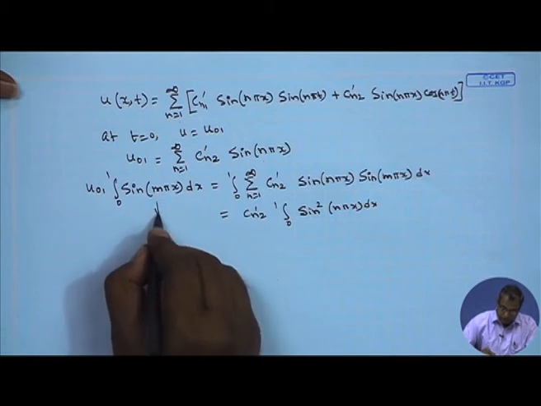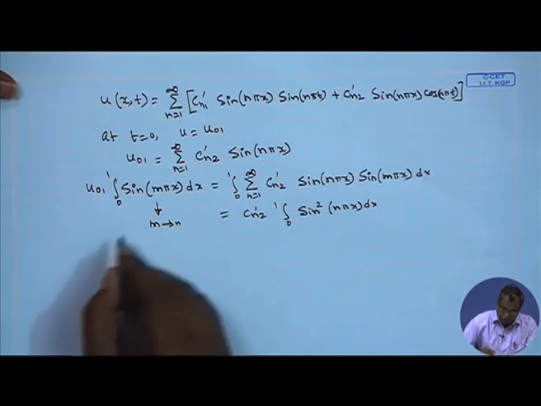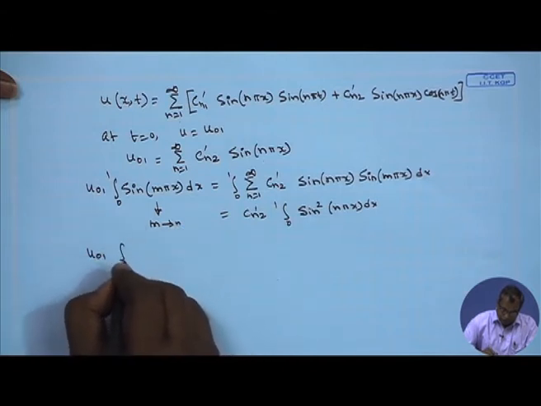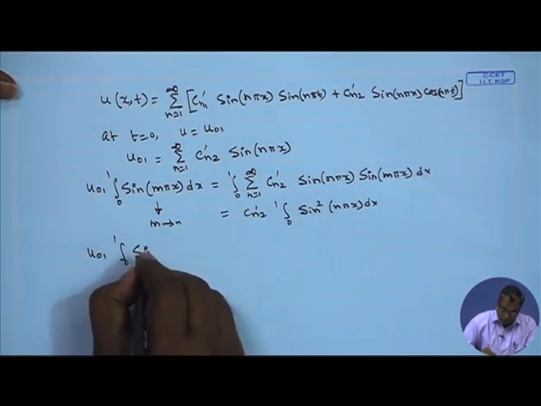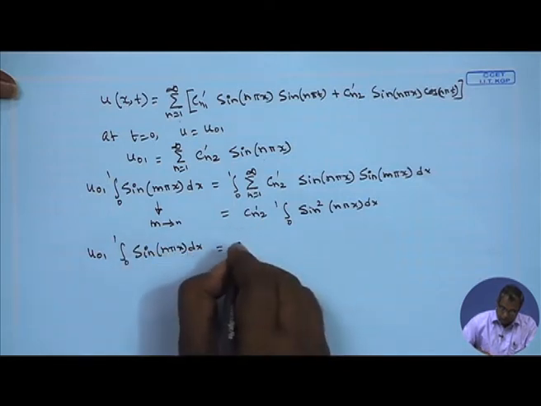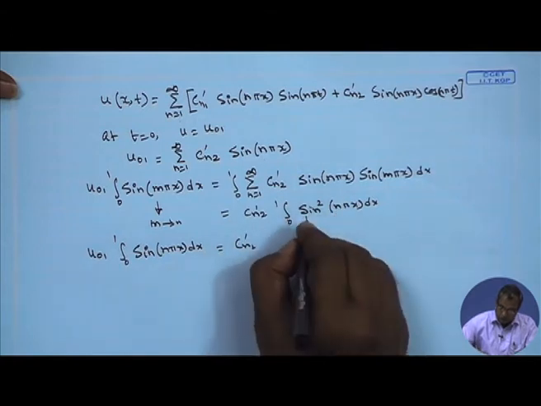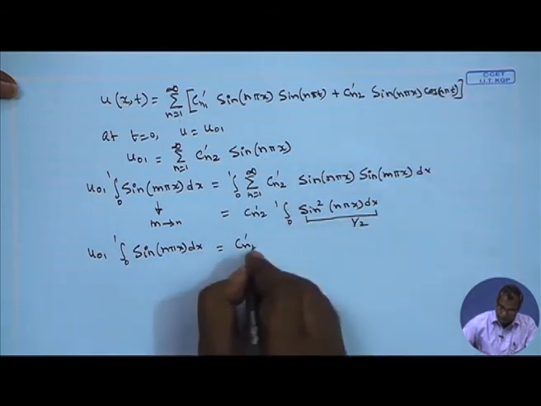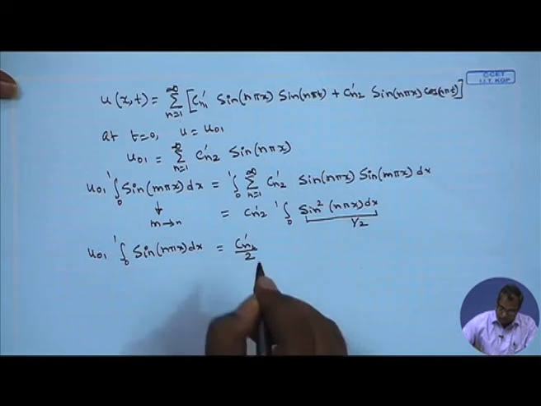Next, I will be changing the running variable on the left hand side from m to n. So, it becomes u01 times the integral from 0 to 1 of sin n pi x dx is Cn2 prime, and we have already seen that this integral is half. So, it will be Cn2 prime by 2.